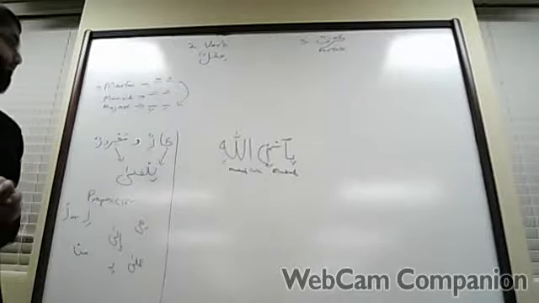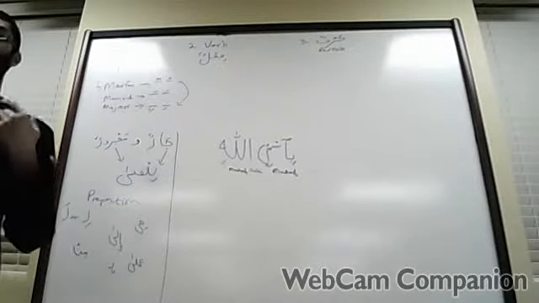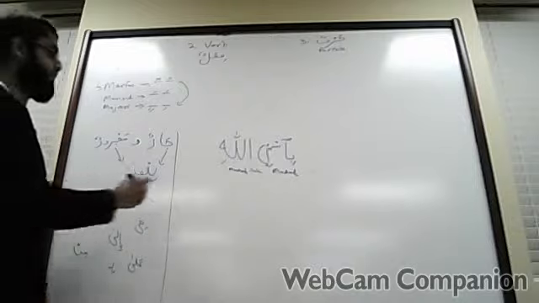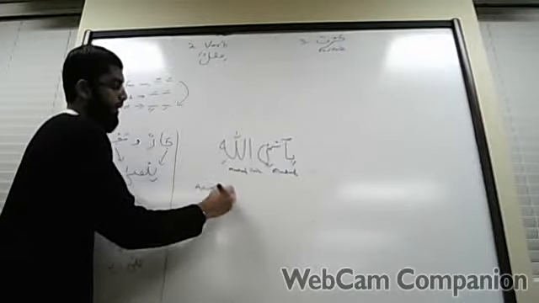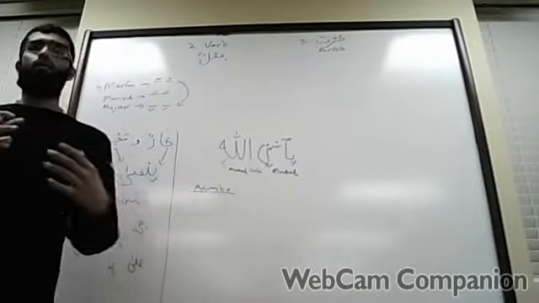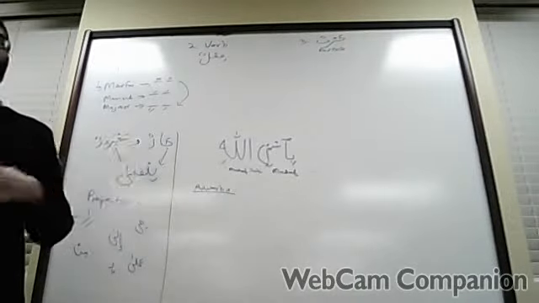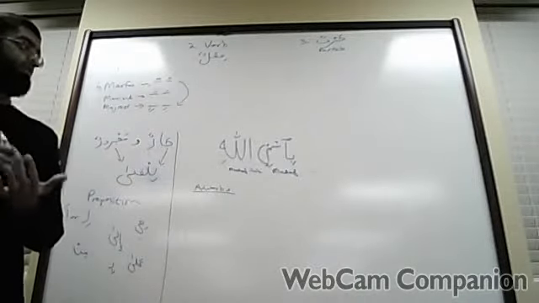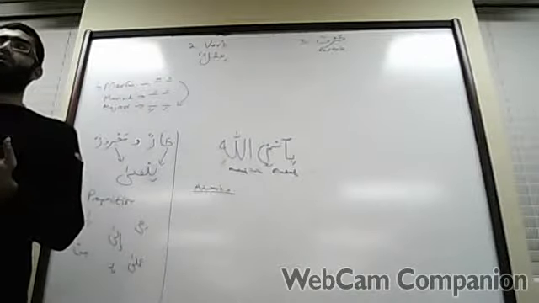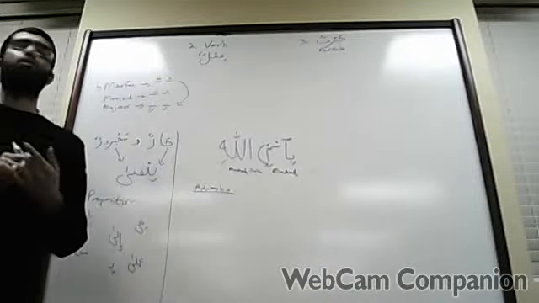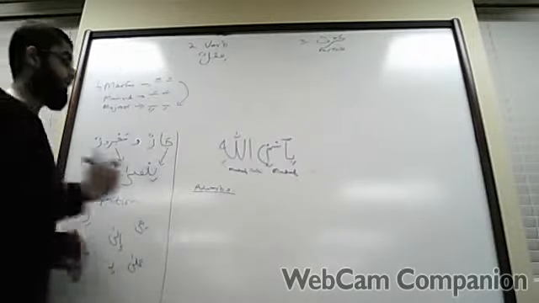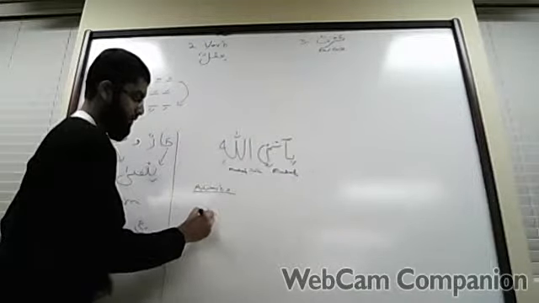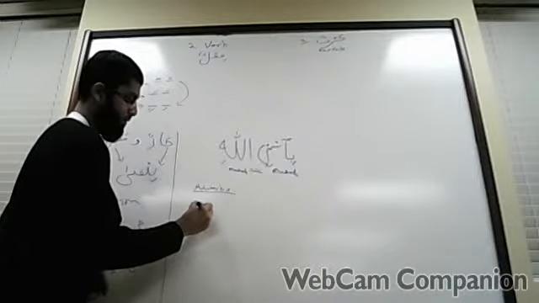Okay. So we did that, and then we also said the adverbs, or the zarf. They're similar to the harf jar, right? So what adverbs did we say? Give me some examples. Tahta means what? Under.